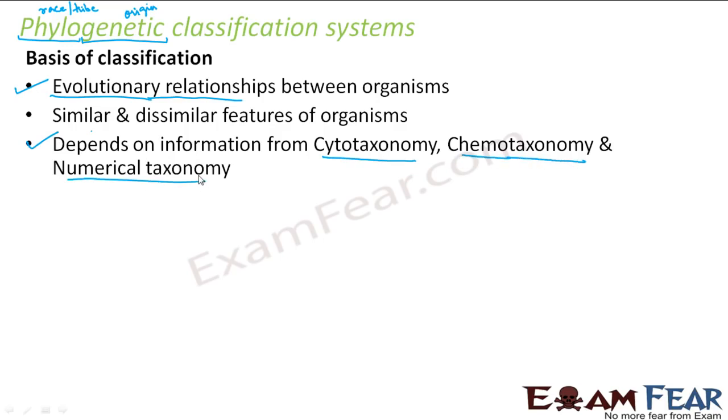These are three different branches of taxonomy which help in providing more and more information for phylogenetic classification, because fossils alone are not a foolproof source of information for this type of classification. We will talk about each of these in detail: what is cytotaxonomy, what is chemotaxonomy, what is numerical taxonomy, and how each of them helps in phylogenetic classification.